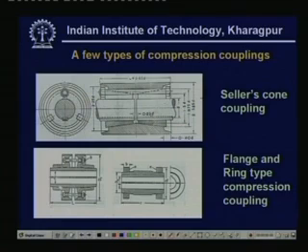So, the advantage of the wedge is taken here. What you see here is the cone type sleeve, you see the cone, and this is the shaft, and this will be a double cone type. These are again split types of cones, but they are wedges. So, they have a wedge action, and the axial force to this wedge is given by tightening the bolts.